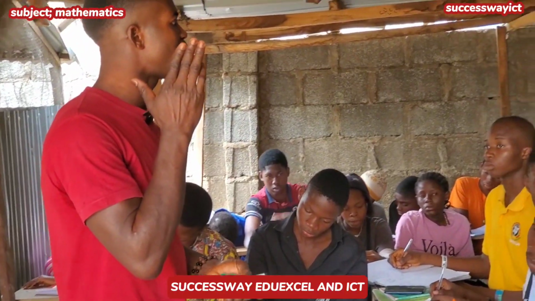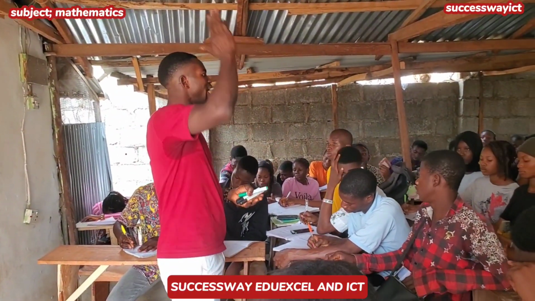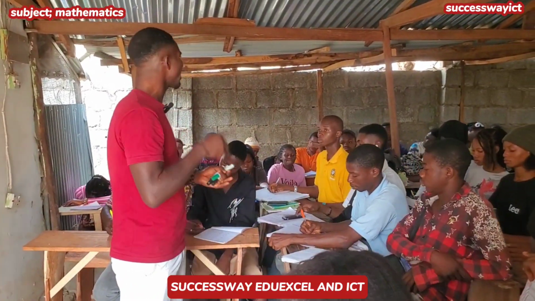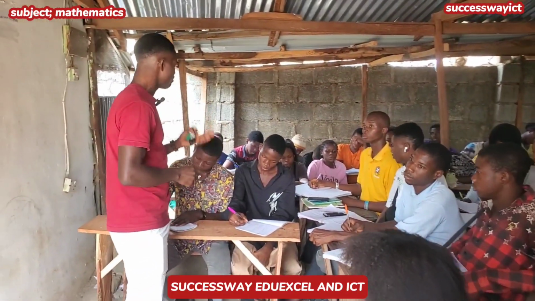If you have a matrix and all the elements in the leading diagonal are the same, or one, we refer to that as what? Identity or unity matrix.